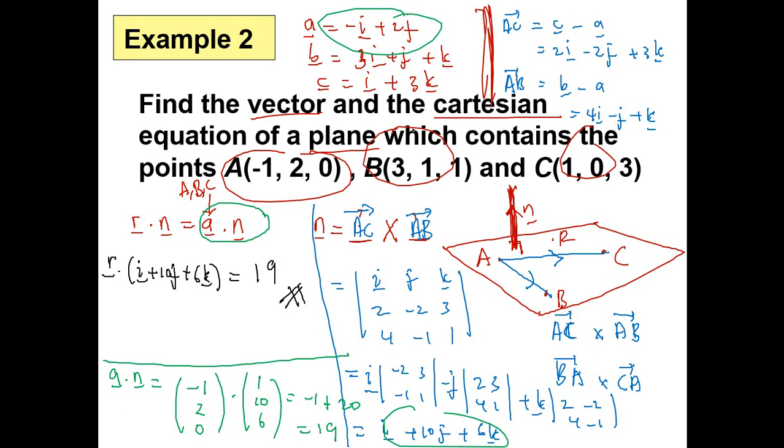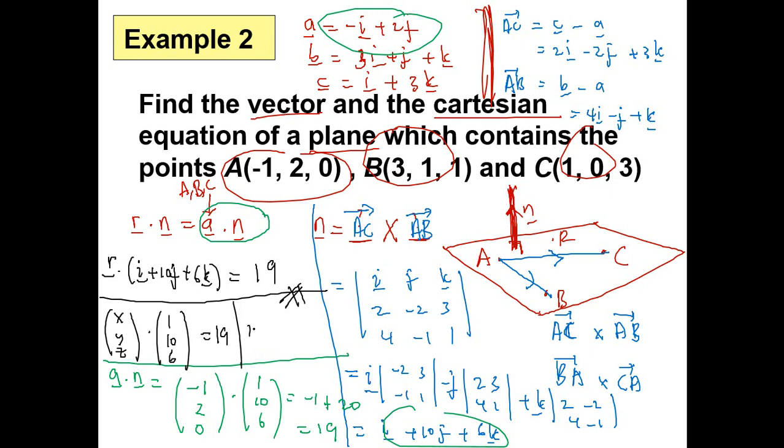Now we want to find the Cartesian equation. Vector R is a vector which is X, Y, Z. R dot 1, 10, 6 is equal to 19.